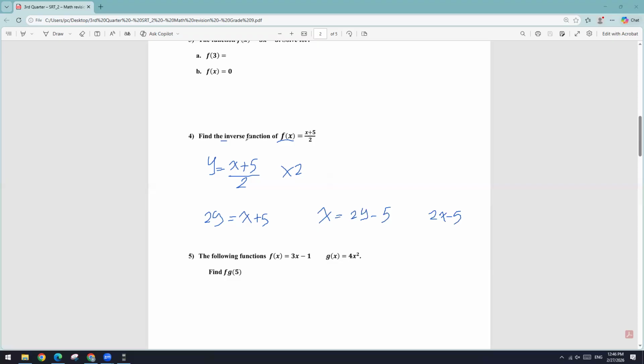What was the question? Find the inverse function. So how do you write the inverse function? The function is called f. So we write f inverse. How? Power of minus 1. So this is the final solution. f inverse of x is equal to 2x minus 5.